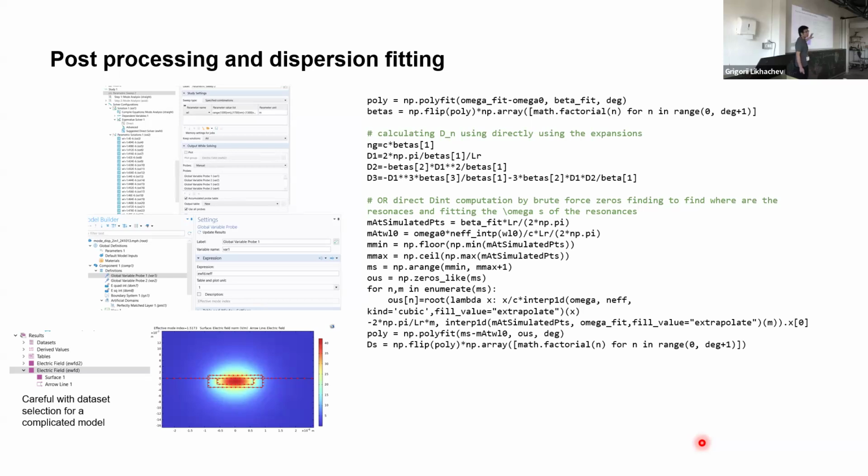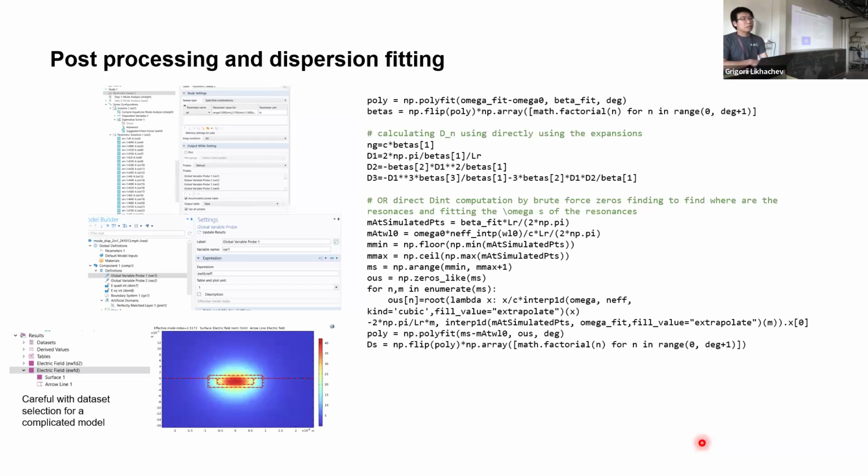Basically, solving the resonance condition to get the exact wavelengths at which your microresonator has resonances, and then fit these wavelengths again with a polynomial model against the mode indexes. Then you can again, in a different way, get D1, D2, D3, maybe with slightly better precision. Yeah, so I think that's all for the description. If you have a question.